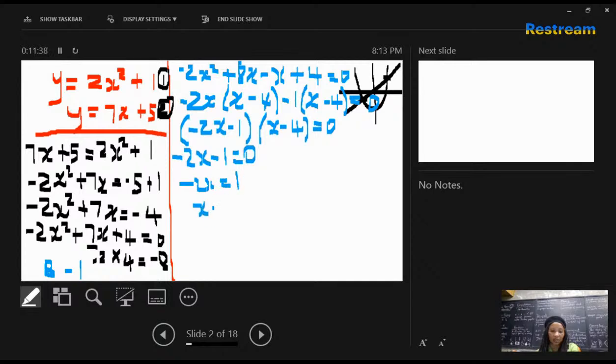So x is equal to negative a half. Write that properly. All right, so x is equal to negative a half.